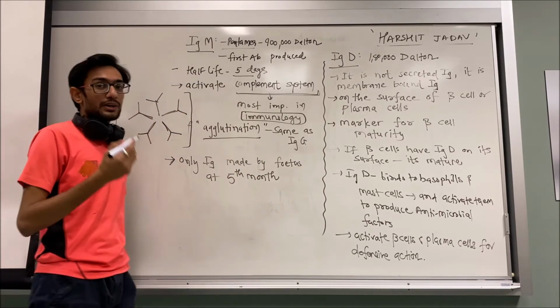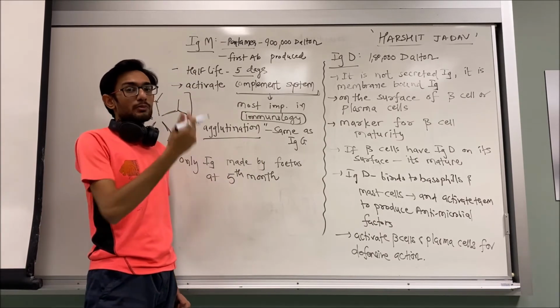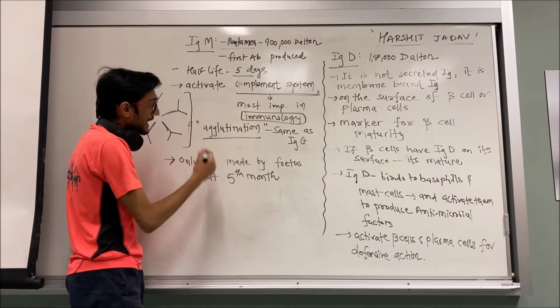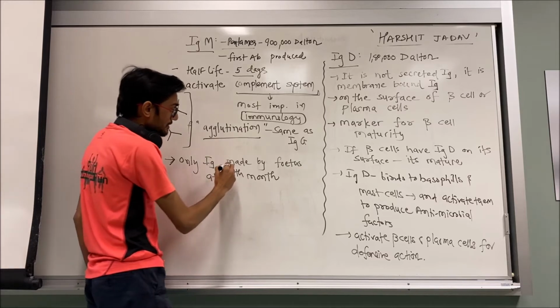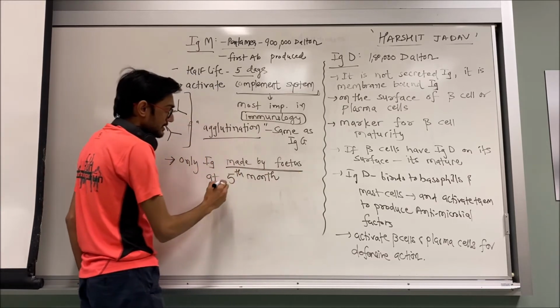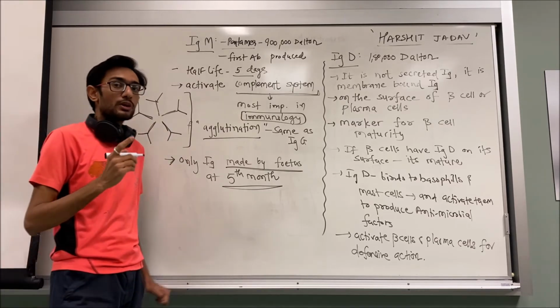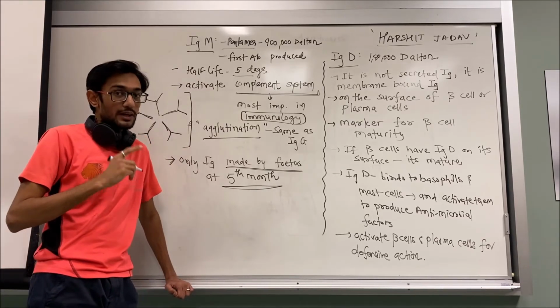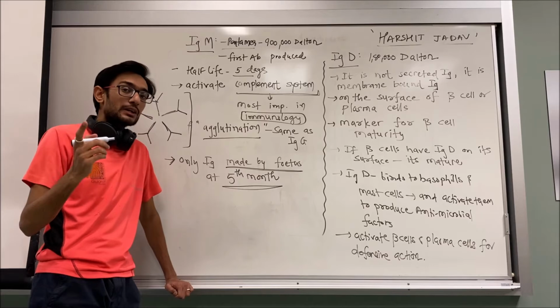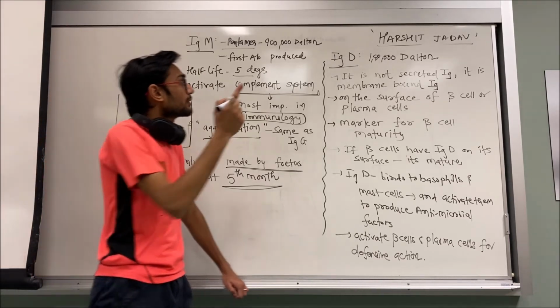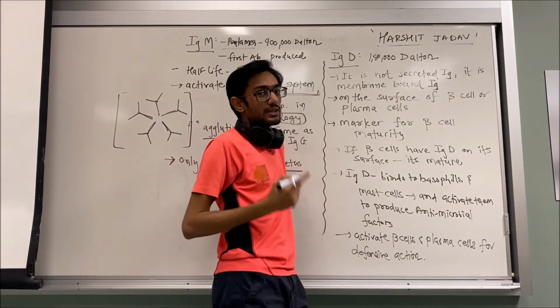Now as we saw, IgG is transferred from mother to baby, but IgM is the only immunoglobulin which is made by the fetus at the 5th month. So IgM is the first antibody which is produced in humans, and IgG is the only antibody which transfers from mother to fetus.